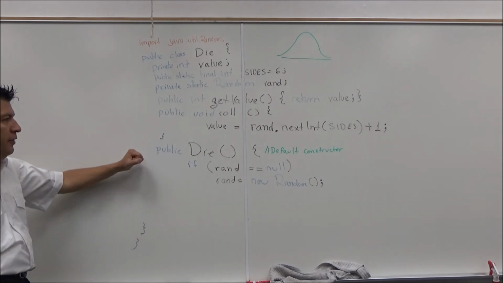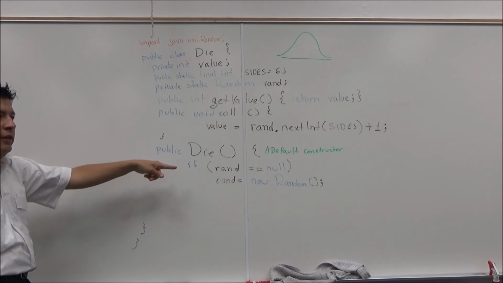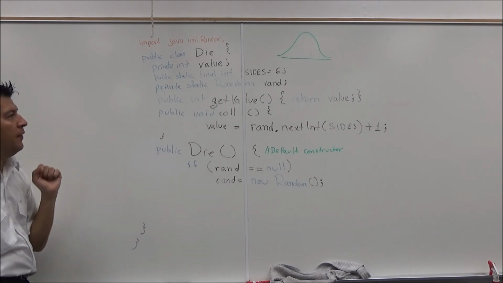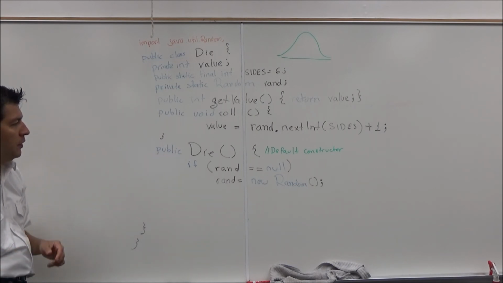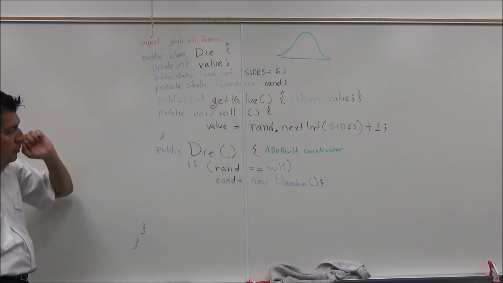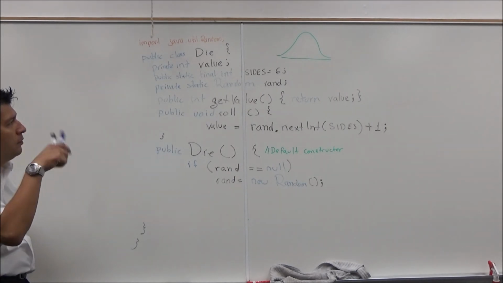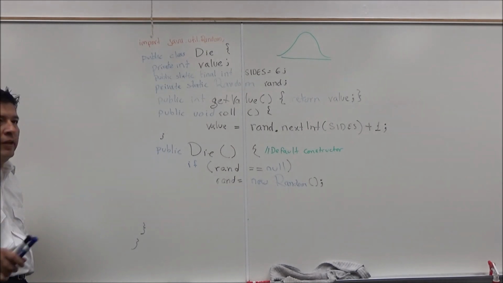Because this is the first thing called when a die is created, it calls a constructor, and that's where I check whether the value exists or not. So if I just create the die and read the value, if I call get value, what will it return?